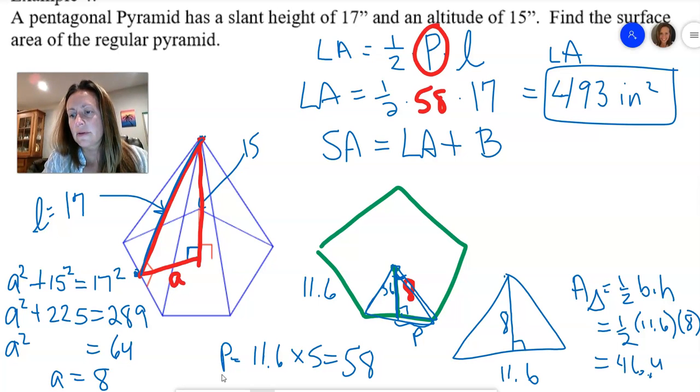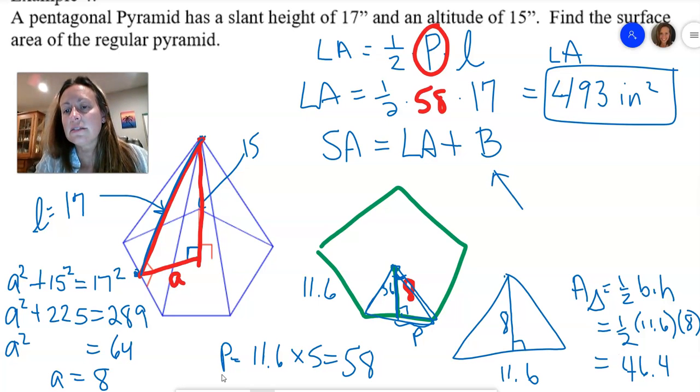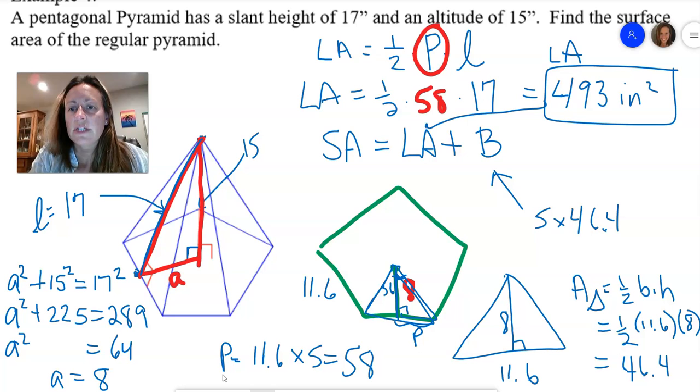Now, that's just for one of the little triangles in the pentagon. And a pentagon is made up of 5 of those triangles. So the area of the base is going to be 5 times 46.4. Okay. The lateral area is 493. This is really not looking so good. I'm going to try to rewrite that. 46.4.